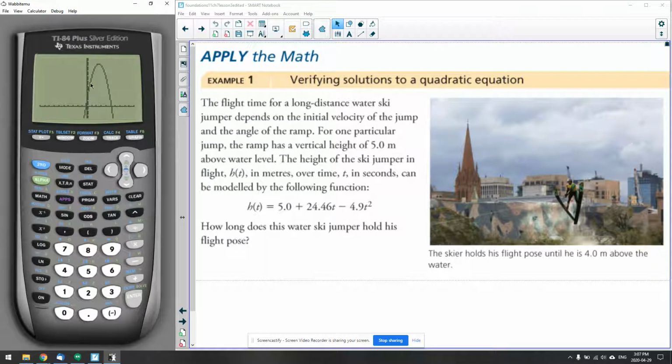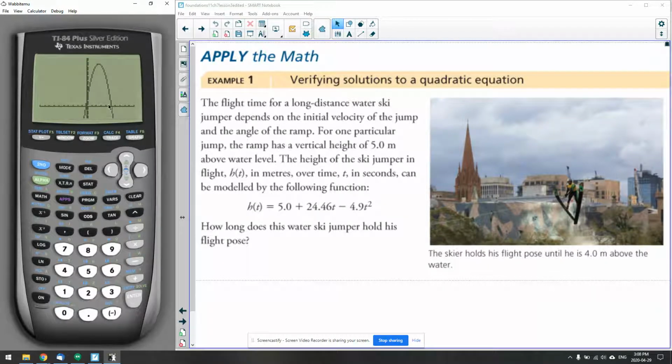All right, so we could find the maximum height of our water skier, but that's not what the question's asking. It's asking for how long did he hold his pose. So when did he return to the surface of the water? So we need this point right here. This is called a root or a zero or a solution for this quadratic equation.